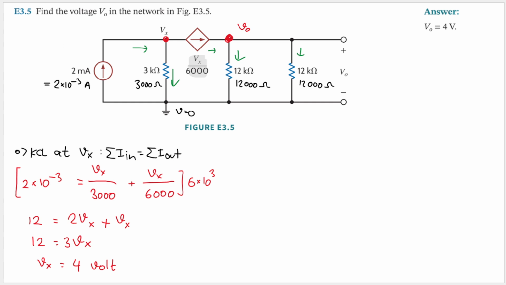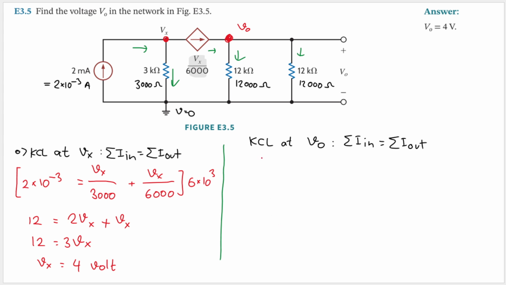Now, let's do another KCL, but this time at V0. KCL says that the sum of the current that goes in will equal the sum of the current that goes out. Good. Now, the only current that goes in is this one.